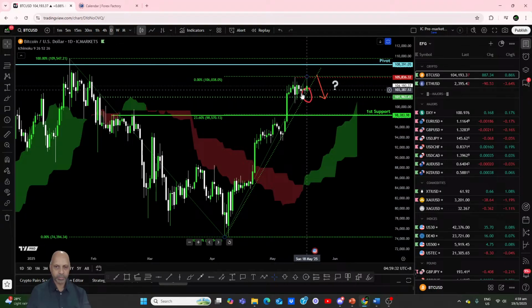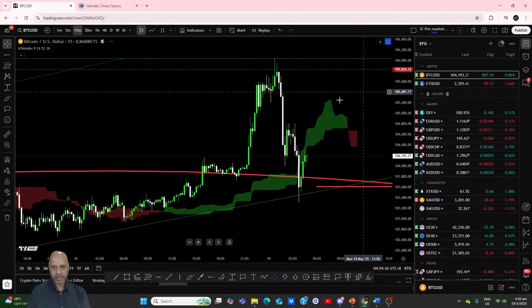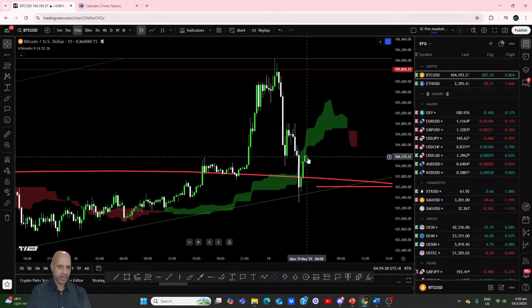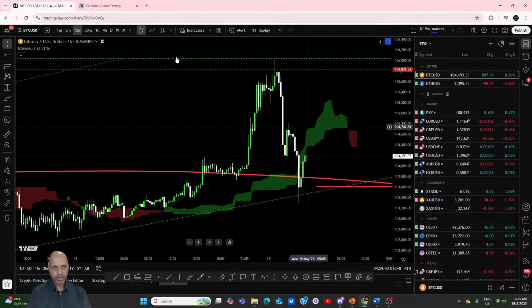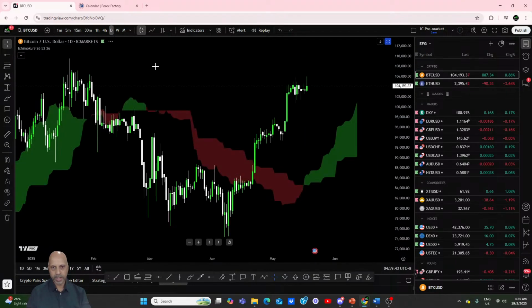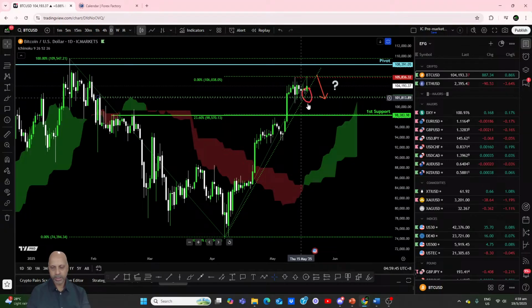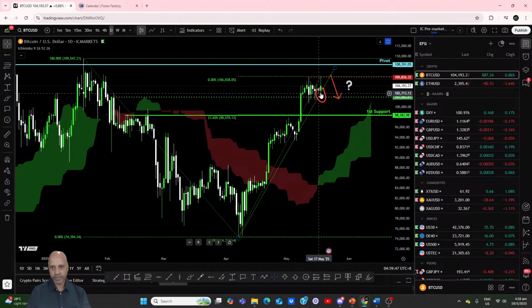This is going to be a pretty important level for now. On a 15-minute time frame, it does look like Bitcoin is rebounding a little bit higher, but remember, this is the zone that you want to keep an eye on. If Bitcoin fails to hold up above this level, I think we can expect a much deeper pullback or a much deeper correction.